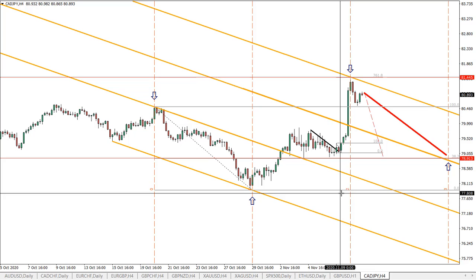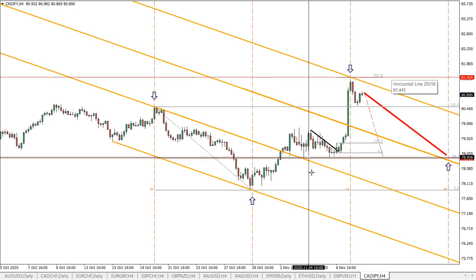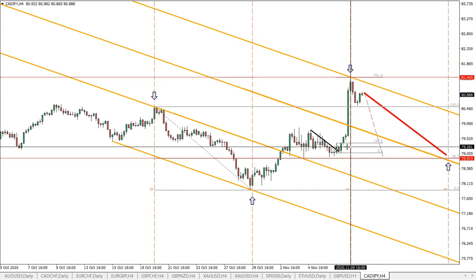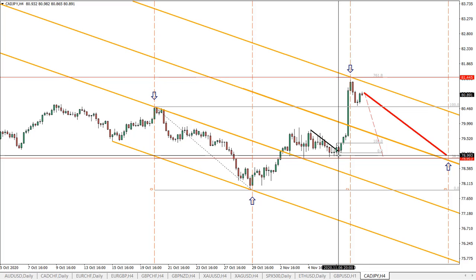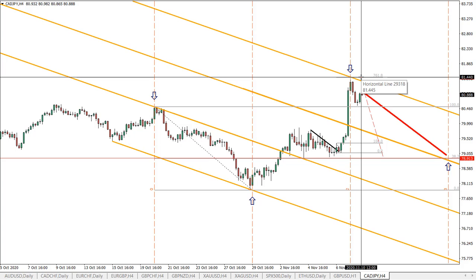Speaking of the upside risk, a break to the upside above 81.44 will invalidate the bearish scenario, and in this case we might see the continuation of the uptrend similar to what we had already. So a fast move to the upside upon the break above this resistance, so we need to watch it closely.